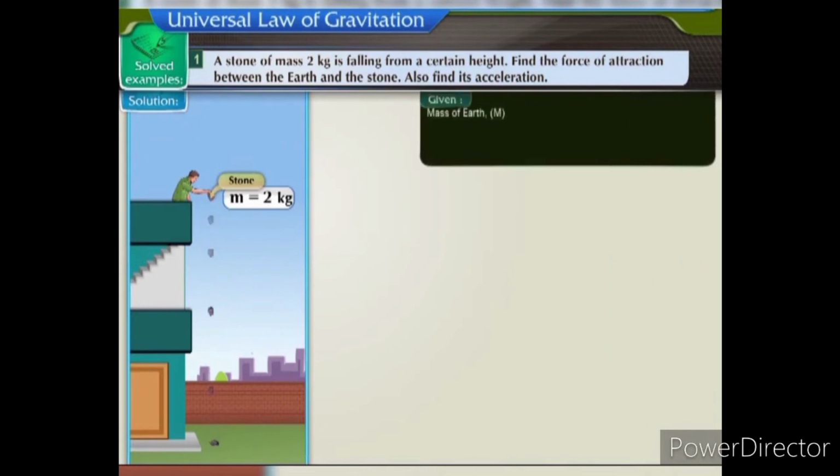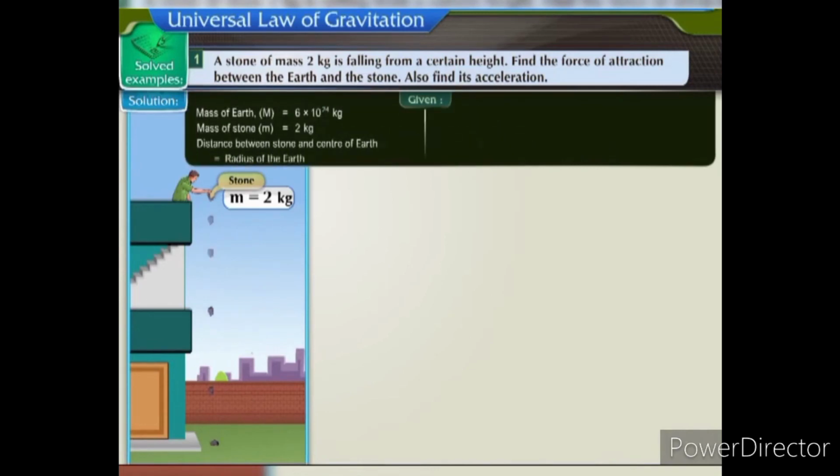Mass of the earth, M, is equal to 6 into 10 raised to 24 kilogram. Mass of stone, m, is equal to 2 kilogram. Distance between stone and center of earth is equal to the radius of the earth.